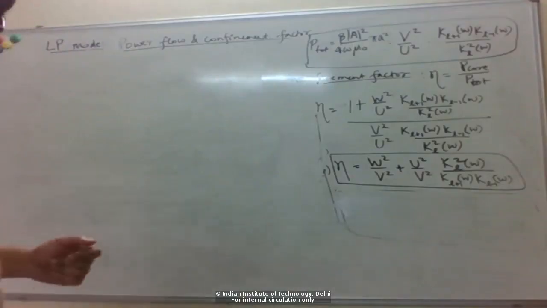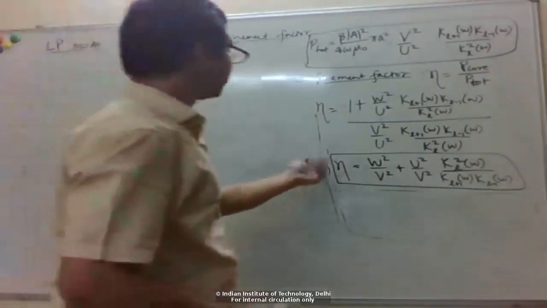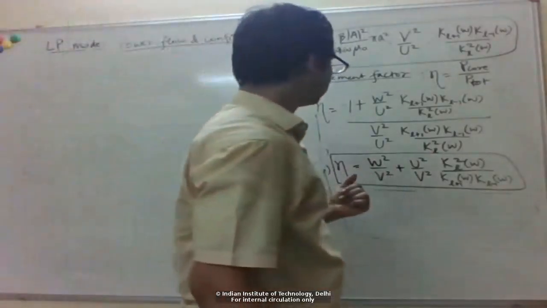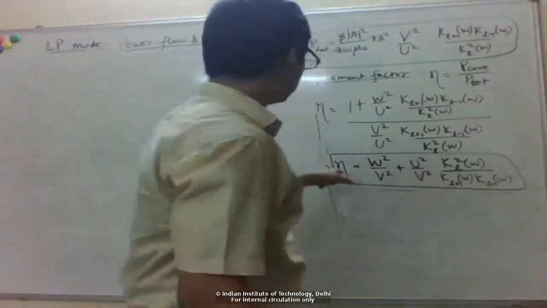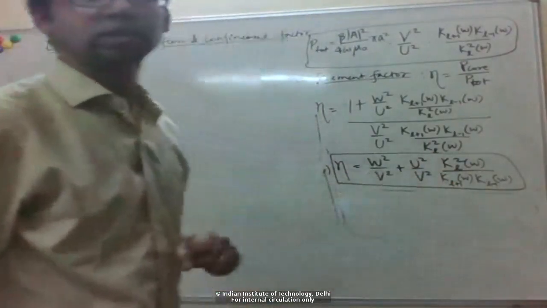Yeah, okay, maybe we'll discuss in the next class. We're out of time. So next class we take this expression and then for different modes plot this confinement factor, for example, as a function of V number, right?